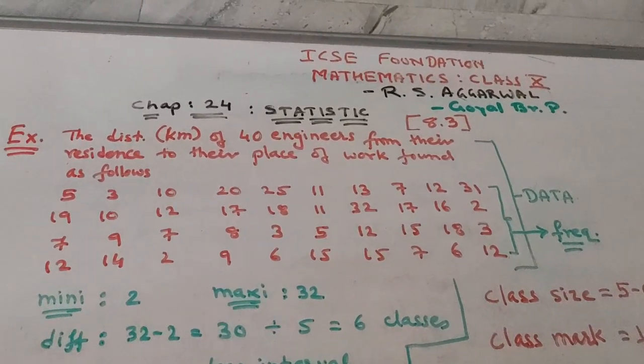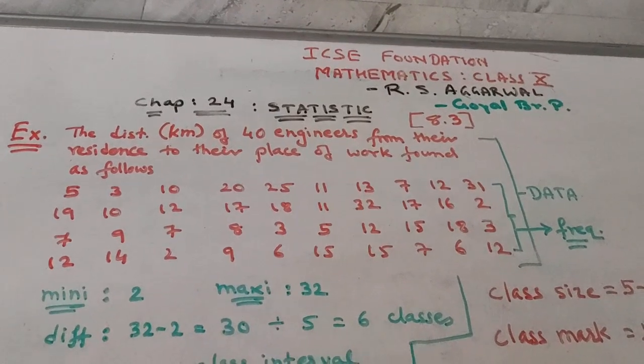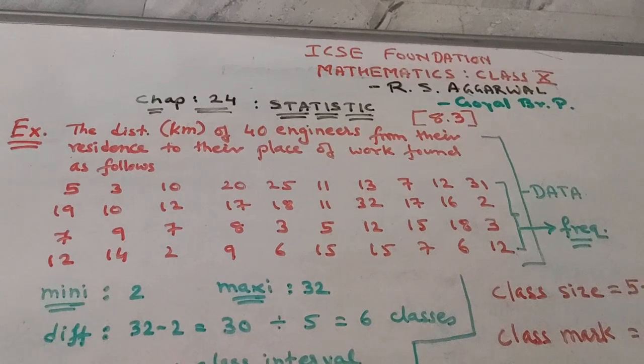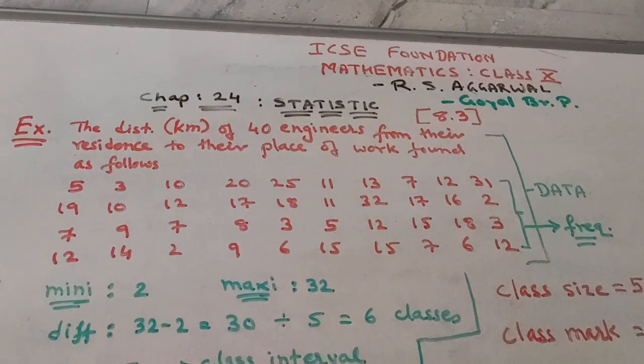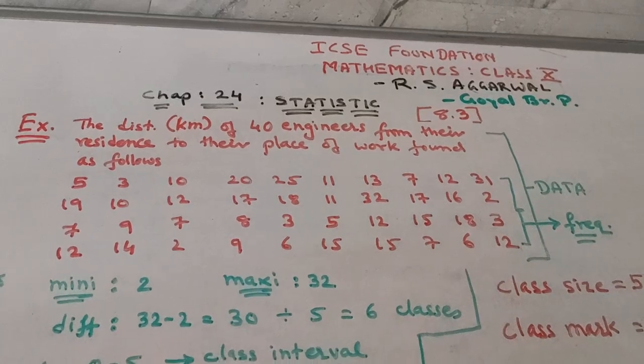The example that I have mentioned here is data, and the numbers 5, 3, 10, 20, 25, all these things are nothing but the frequencies.